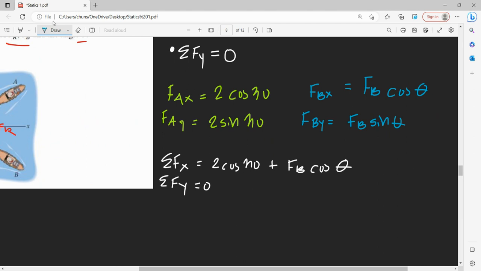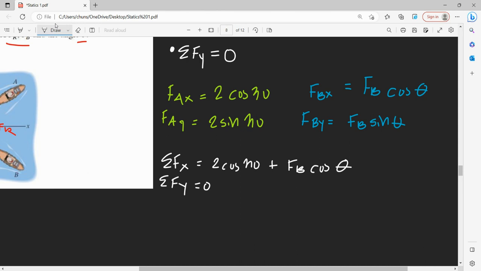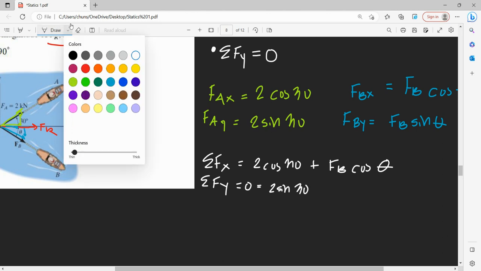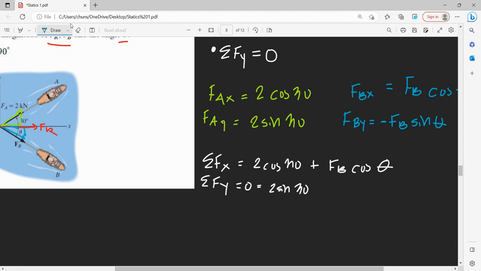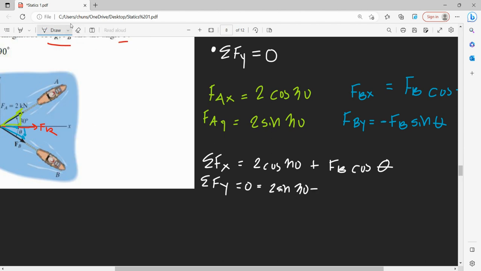So like we said, for Fay, it's positive, and our y direction in our Fb is negative. Negative Fb sine theta.